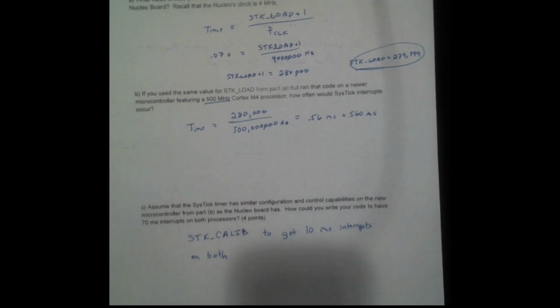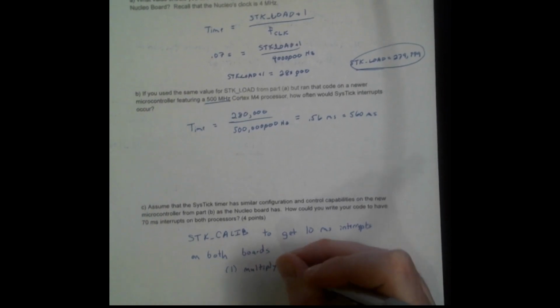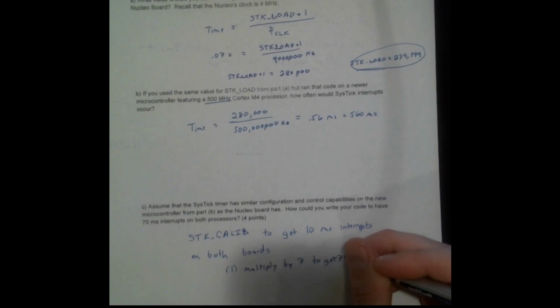So it gives you a count that tells you what the STK load value should be to get 10 millisecond interrupts. And then we could multiply that by 7, and that would get us the value. So we could multiply by 7 to get 70 ms.